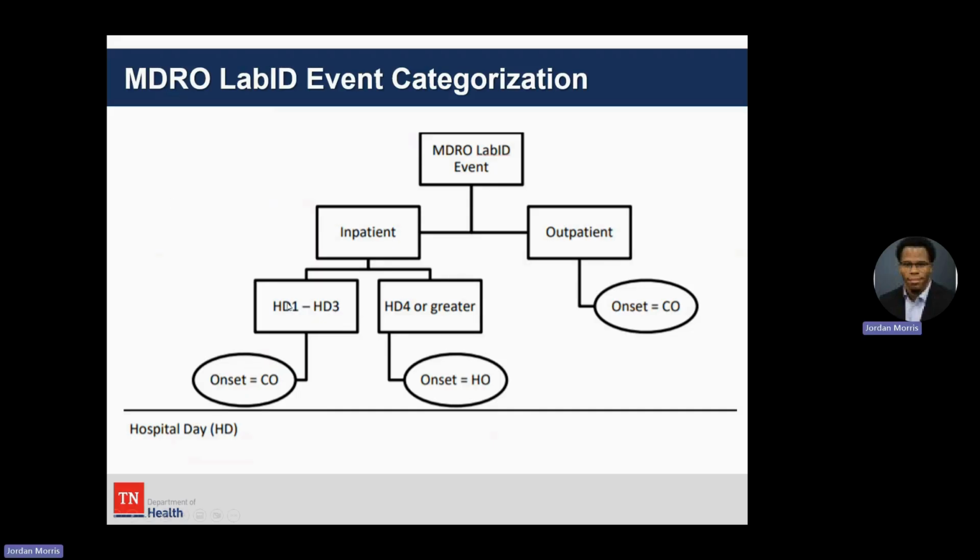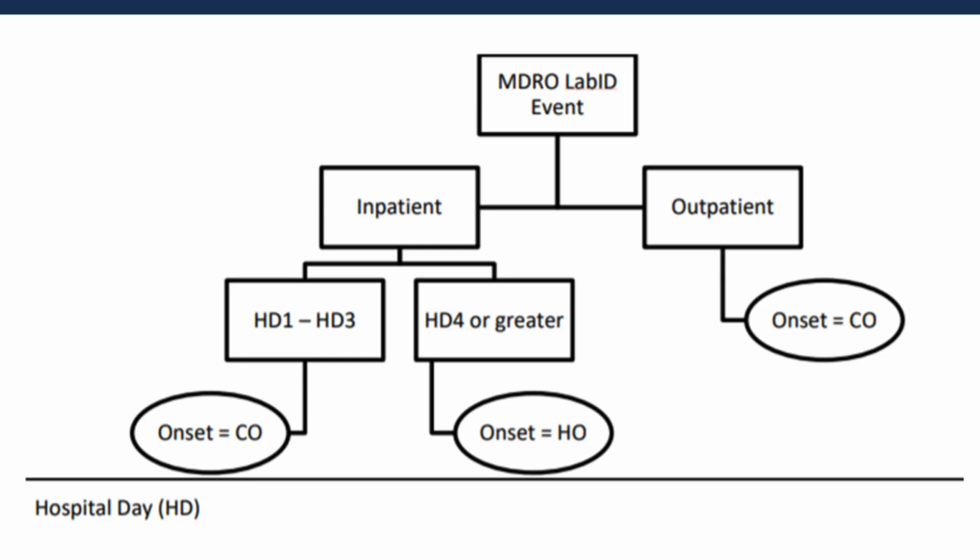So hospital day 1 through 3, community onset. Hospital day 4 or more, hospital onset, or healthcare facility onset. Additionally, NHSN has a calculator that can help with these determinations. The flowchart also indicates that outpatient MDRO LabID events are categorized as community onset.